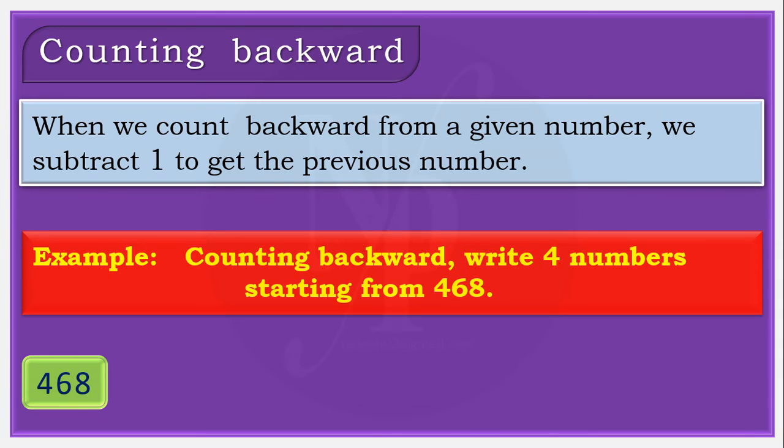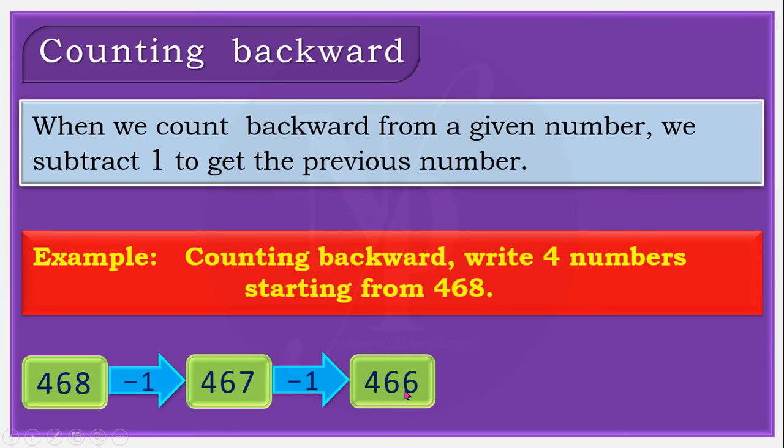So while counting backward, we will subtract 1 from the given number and we will get the previous number. So when we subtract 1 from 468, we will get 467, and subtracting 1 from it, we will get 466.